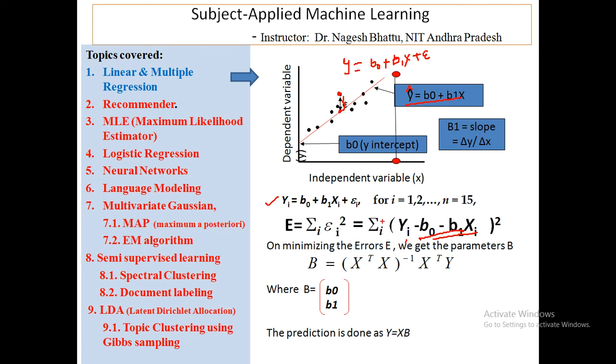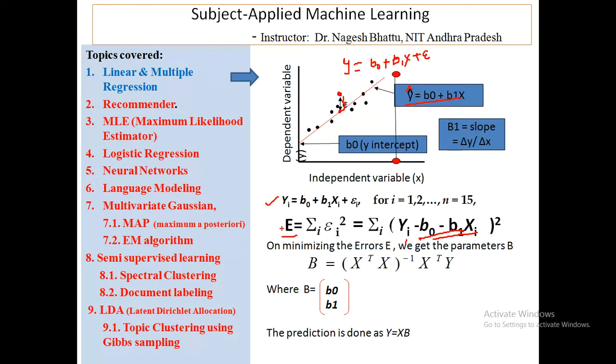Here we have formulated the problem as an optimization function, that is minimization of the total error associated with the model. So we need to minimize this total error. We shall find out the parameters such that this total sum of errors should be minimum.